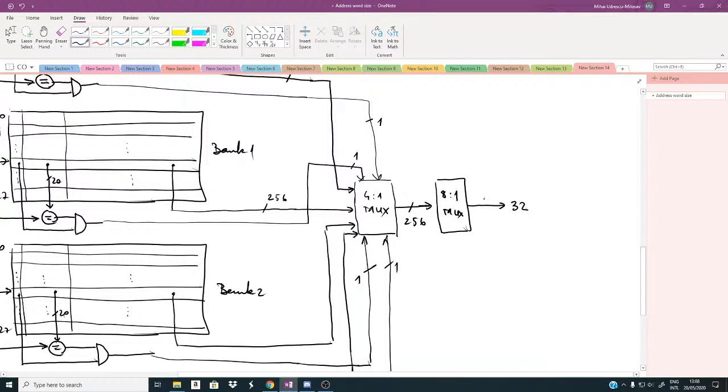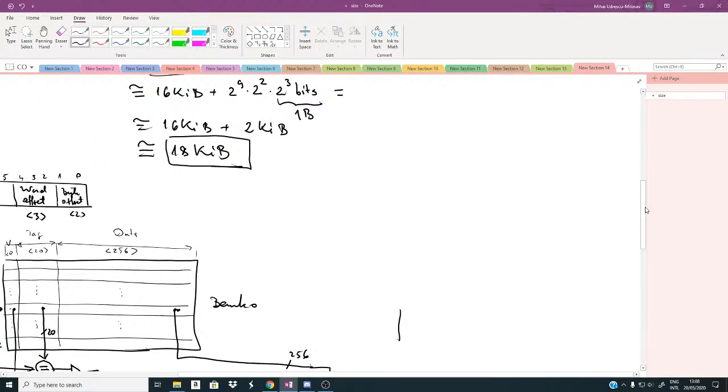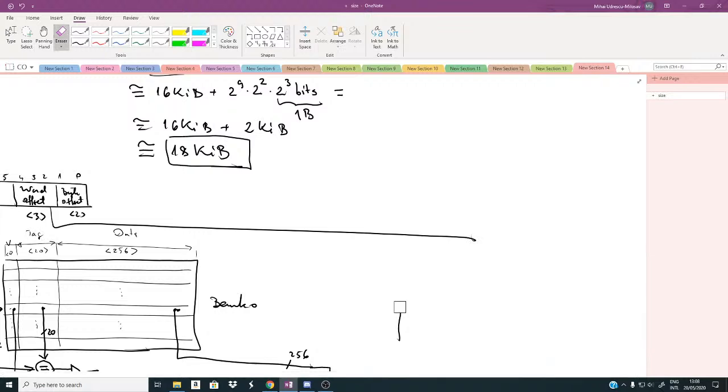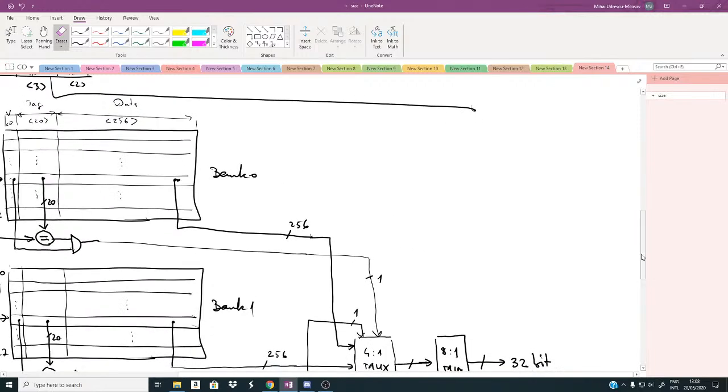And there you have the 32-bit word that the processor needs to read. And to this end, I need the selection of these things.